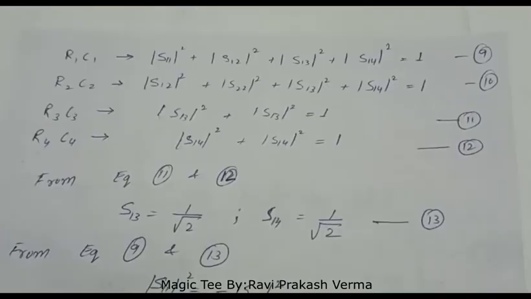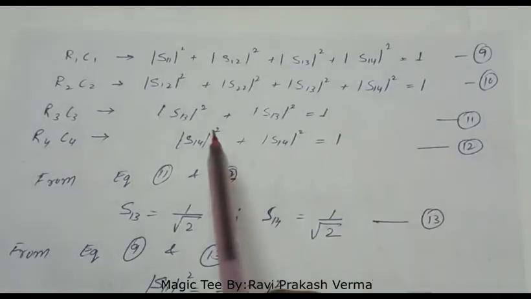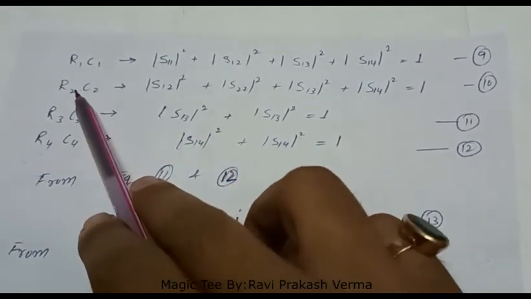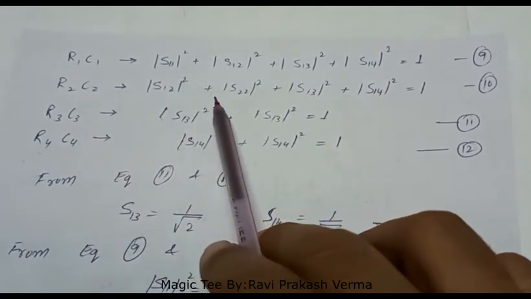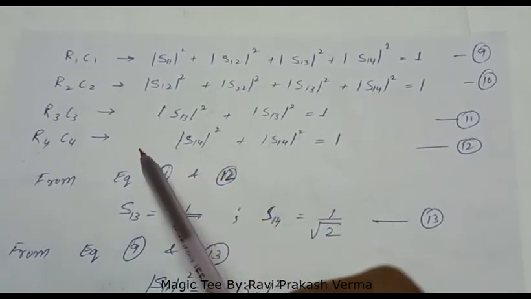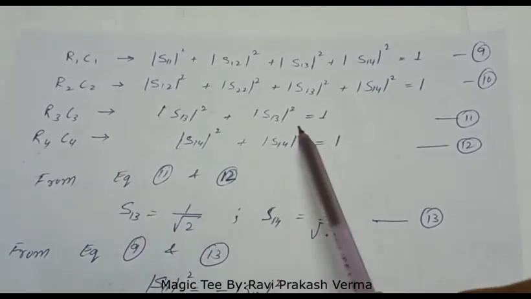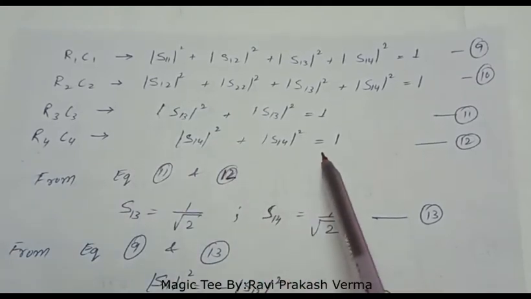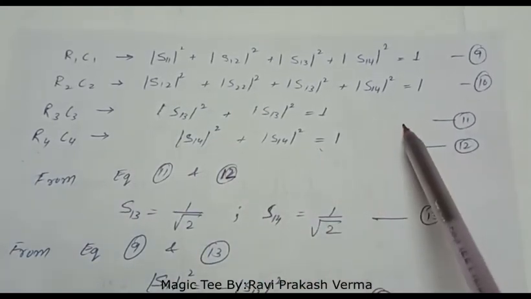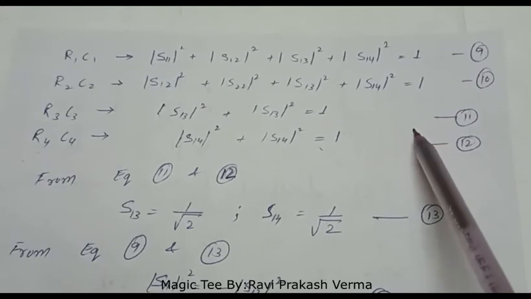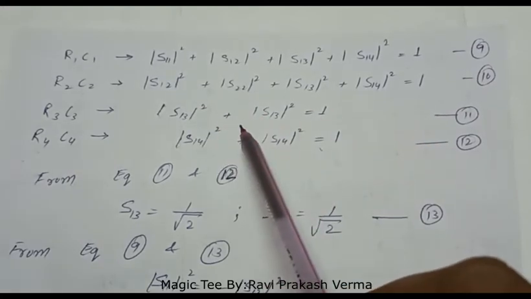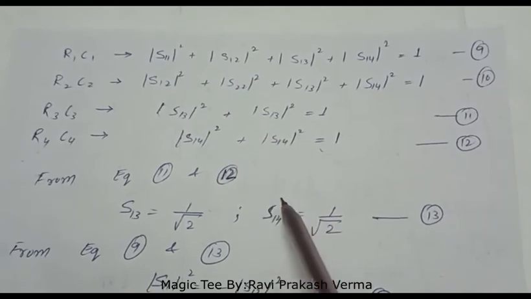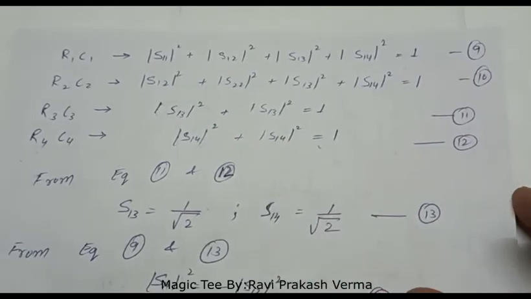By multiplying row 1 and column 1, we get the first equation, and by multiplying row 2 and column 2, we get this equation. Row 3 and column 3, we get this equation. Row 4 and column 4, we get this equation. By using these two equations, we can say that S13 is equal to 1 by root 2, and S14 is equal to 1 by root 2.